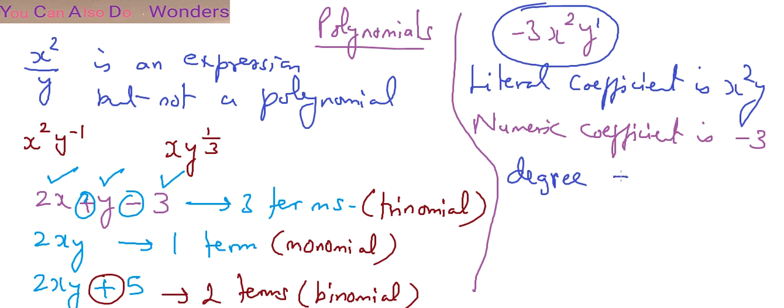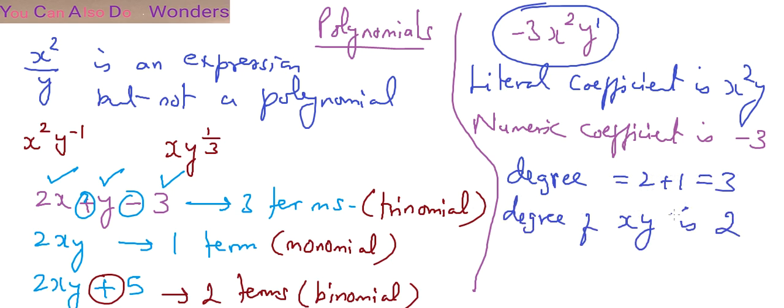So degree is equal to 2 plus 1 equal to 3. Suppose what's the degree of xy? So degree of xy is 1 plus 1, 2, because x means x power 1, y is y power 1, so 1 plus 1, 2.